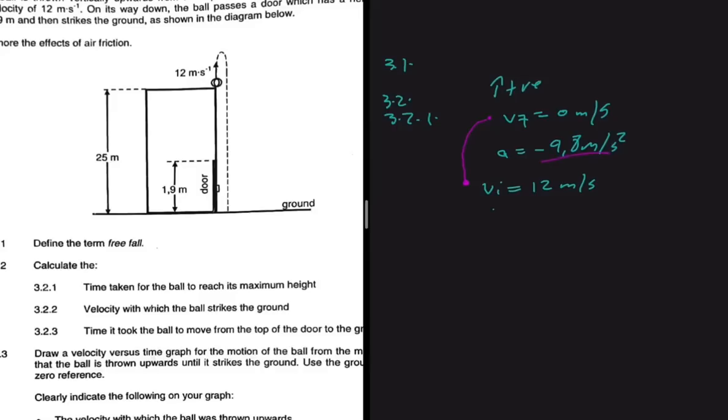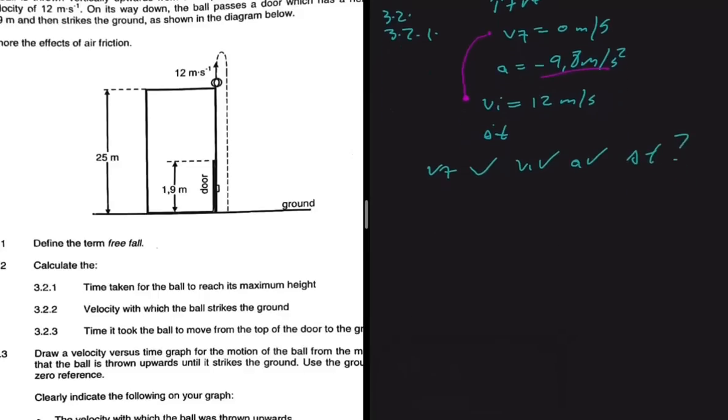What we're looking for is delta t. We have VF, we have VI, we have A. Which formula can we use? It should be easy to see that VF is equal to VI plus A delta t. VF is 0.